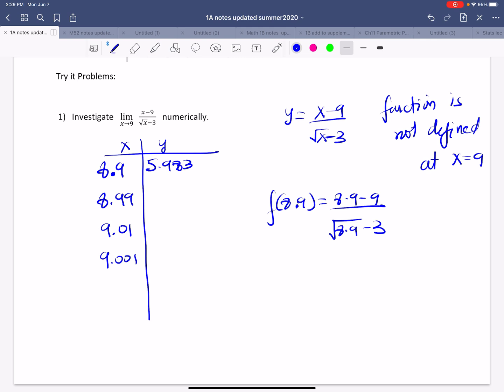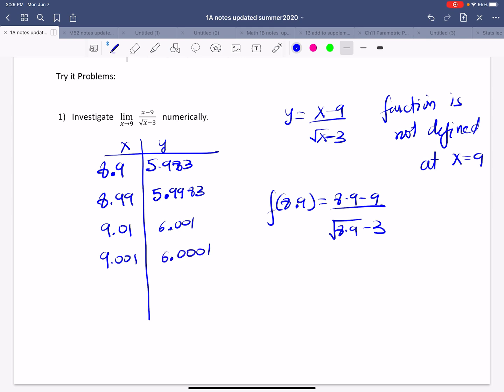The next one would be 5.99, then 5.9983, and 9.01 would be 6.001.